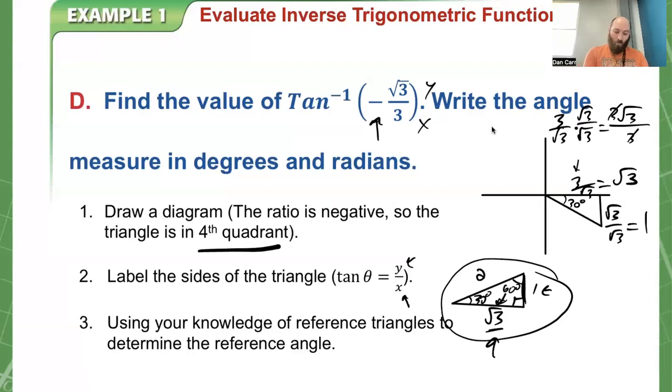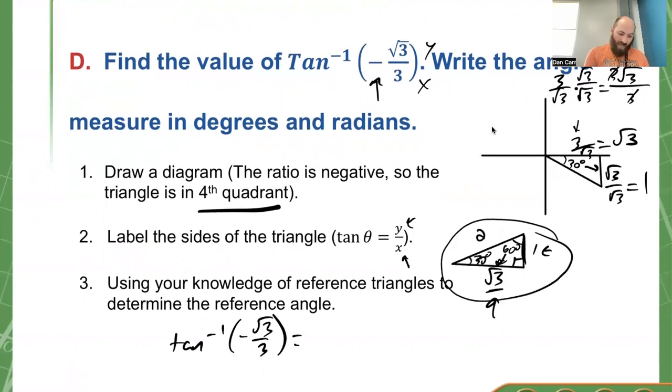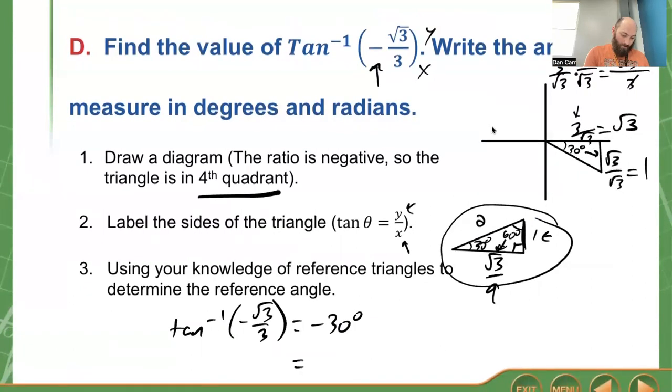Okay, so the 1 is across from that, the short side, and then the root 3 is going to be attached to the 30. Okay, so that means that if I do my inverse tangent of negative root 3 over 3, then that is going to come out as, again, just like before, negative 30 degrees. Or if I do the standard all the way around, that'd be 330 degrees.